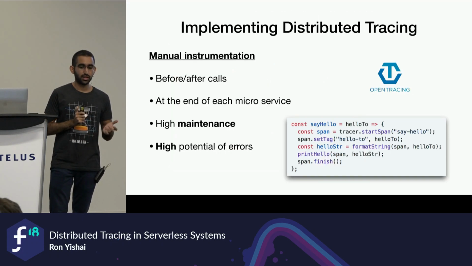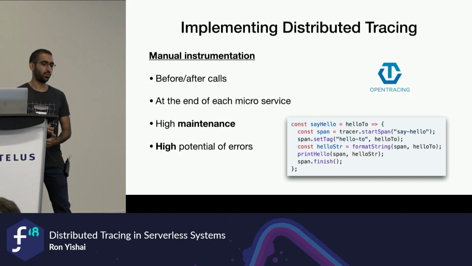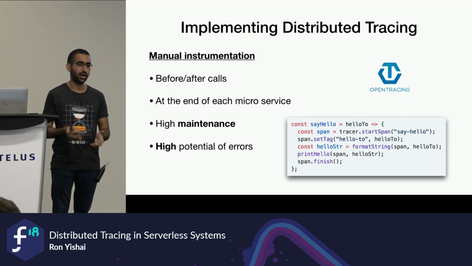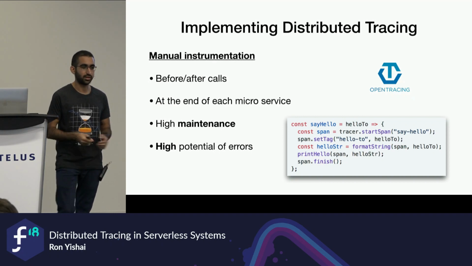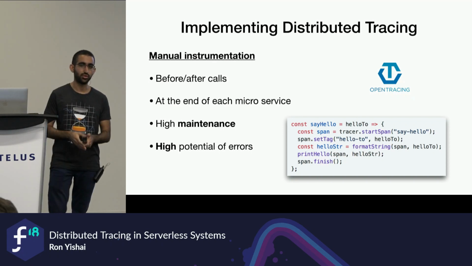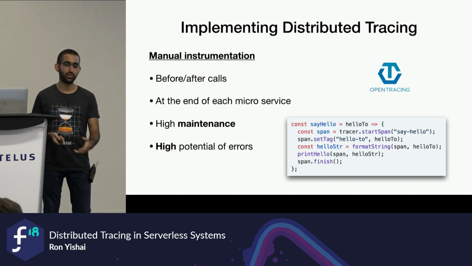Now, how can we do it? I tried to make you understand why it's important and how it should look, but how can we really do it? There is a standard called OpenTracing, which is an open standard, of course, that tells how these traces should look, and also what the API should be in many different programming languages to make these traces.